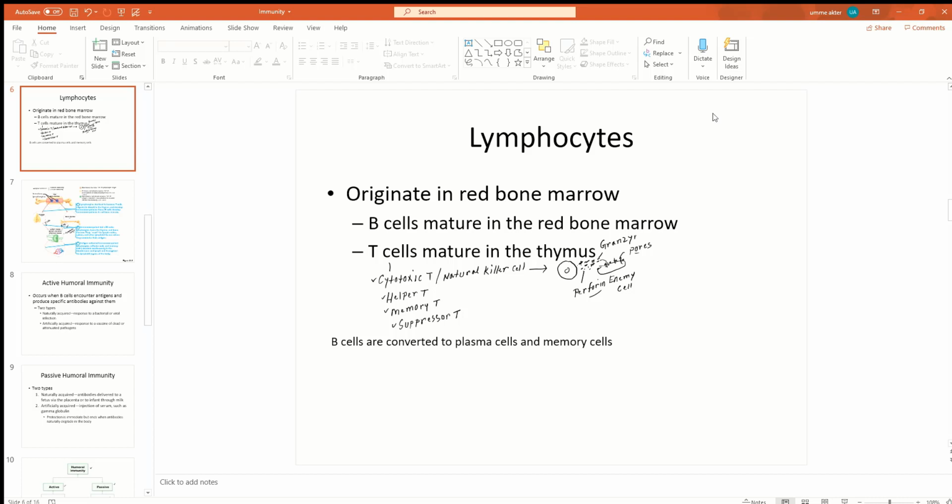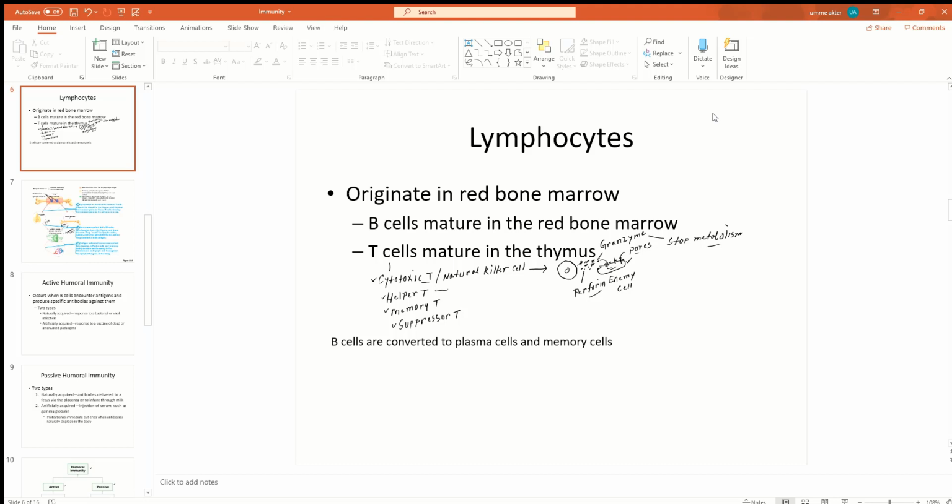The granzyme molecules will enter into the bacteria or enemy cell through those holes or pores and will stop the metabolism inside that cell. So the enemy cell will die, because metabolism is essential for life, right? So that is how the cytotoxic T cell works.